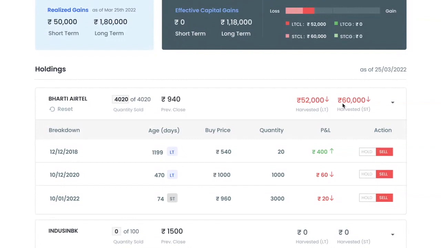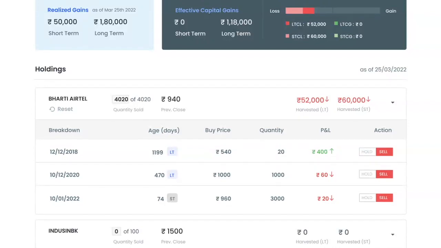Because I've harvested 60,000 rupees worth of short-term losses. But what's also happening is, remember in the loss treatment slide, we talked about how short-term losses can be set off against both long-term and short-term gains. So the remaining 10,000 rupees from my 60,000 losses, I'm able to set off against long-term gains as well. So my long-term gains have now reduced from 1,28,000 rupees to 1,18,000 rupees.